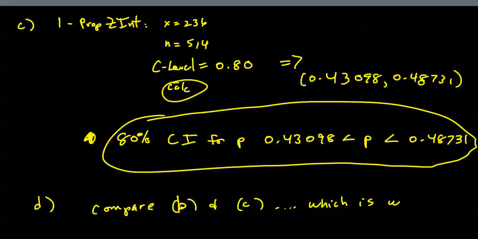Which is wider, B or C, and more importantly, why? And we will be investigating this question both in in-class tests and online exams. So be aware of that. And that's the last example I wanted to talk about today in this section. So this concludes the 7.2 online class, Estimating a Population Proportion.